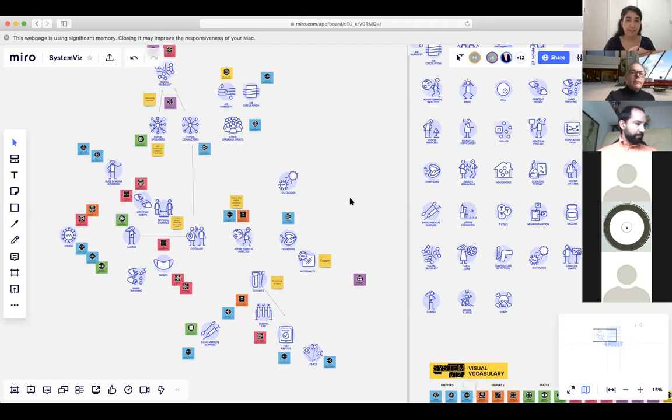So the value that we see in this tool is in how it can help us spark dialogues and discussions among our government counterparts, people at a country office, civil society, and so on, the whole ecosystem, so that we can find a way to have a shared understanding of the system that we want to intervene.